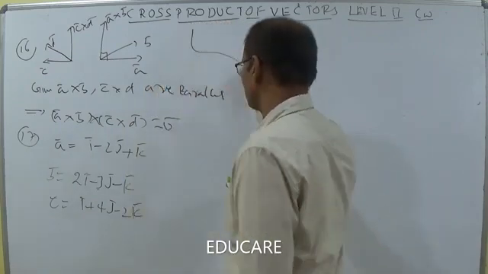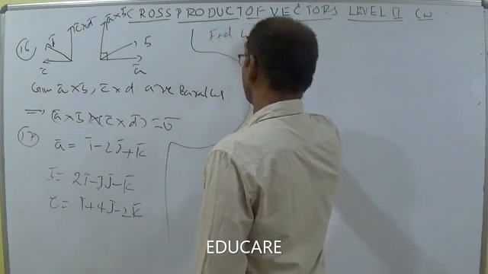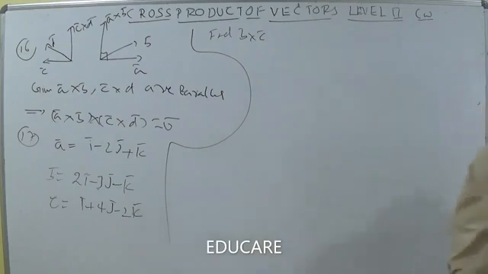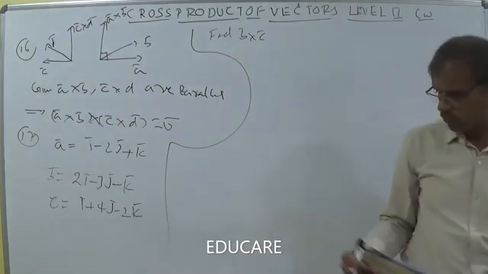Now to find the direction, I am writing that we should calculate b bar cross c bar, because it is perpendicular to both vectors. b is 2, minus 3, minus 1 and c is 1, 4, minus 2. Using the determinant property, write i, j, k, then 2, minus 3, minus 1 and 1, 4, minus 2.